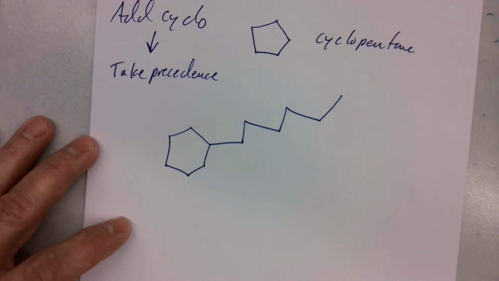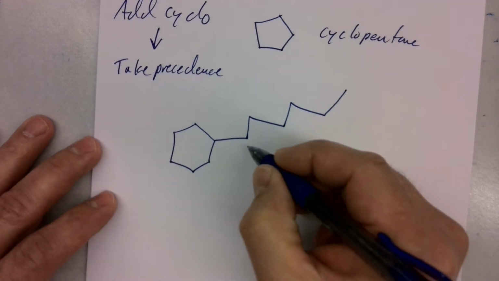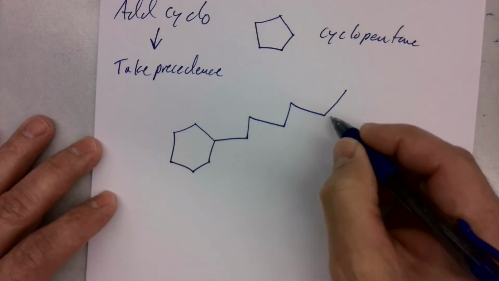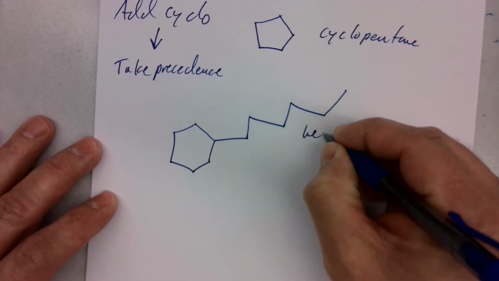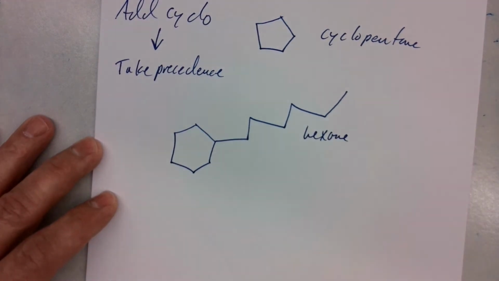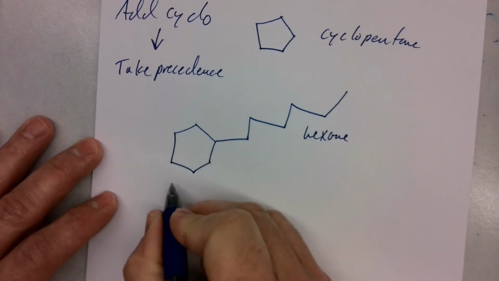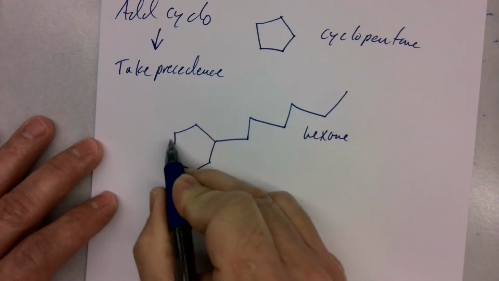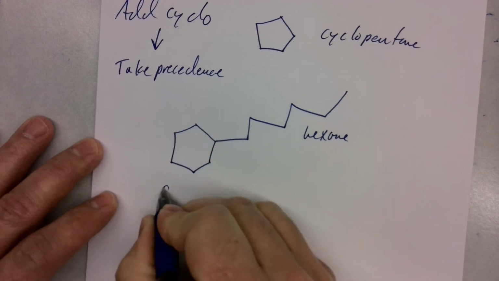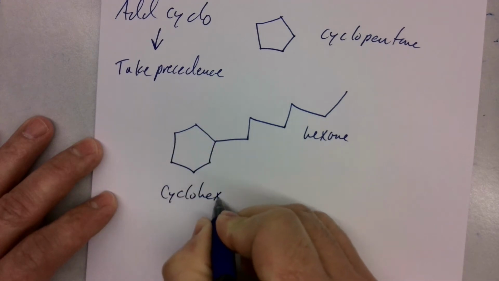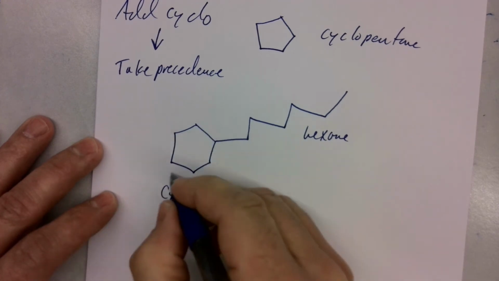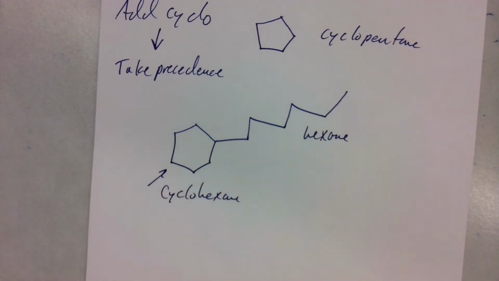Now, no matter what, this is a 1, 2, 3, 4, 5, 6. This is a hexane, right? What is this? This is a cyclohexane.